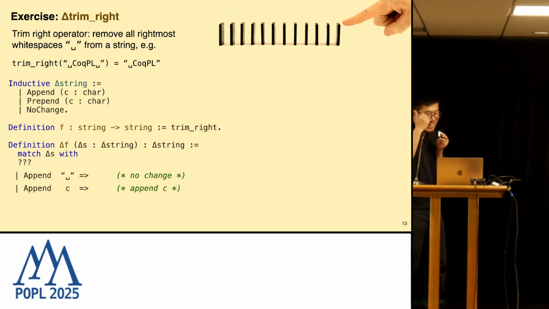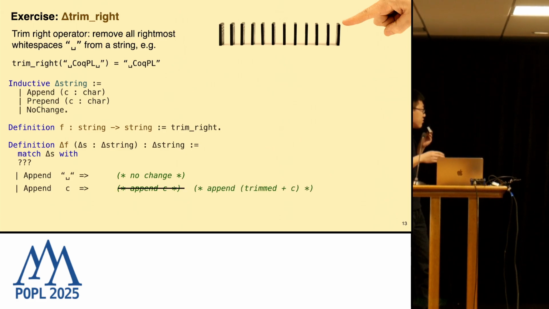Because of the time constraint, I'll just continue. Someone might think that C, the non-white space character, will be added to the tail, so maybe the output change is append C. That is actually not right, because when we add C to the tail, all of the previously trimmed white spaces become not the rightmost white spaces. So we actually need to append both the previously trimmed white spaces and the newly appended character.